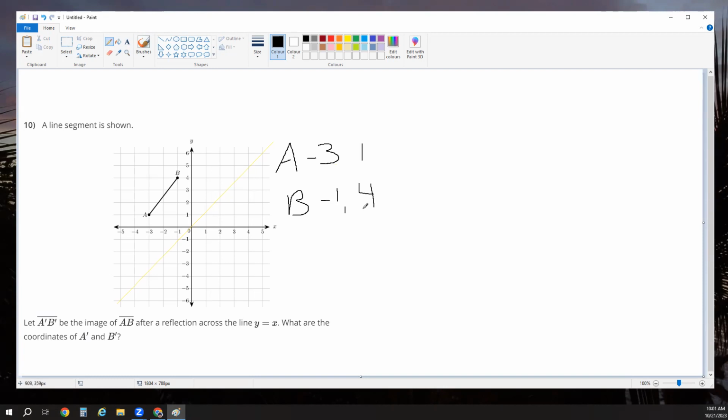Okay, so we're going to apply a reflection across y equals x, and that is y comma x. That would reflect that. Set it up the same so it looks the same.